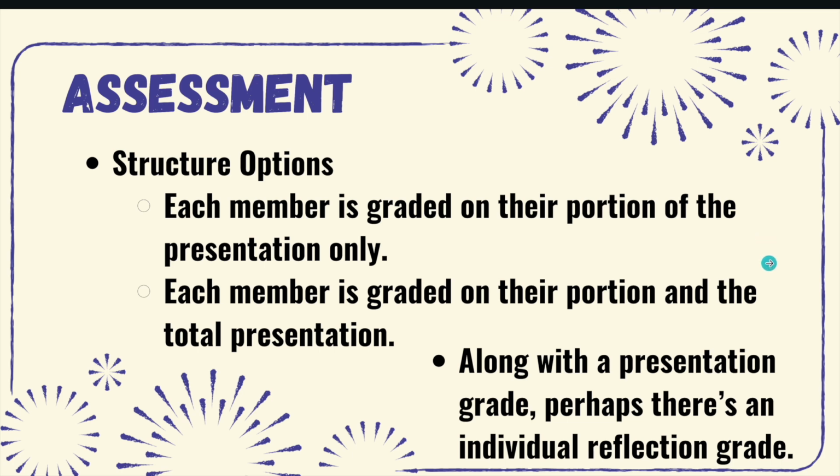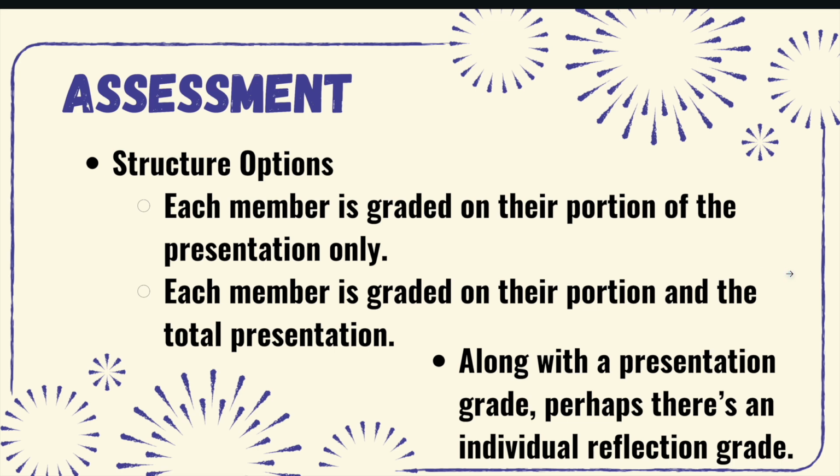Or you might do that each member is graded on their portion as well as a total presentation, because it is important to collaborate in a group project. So it might be that 30% of their grade comes from the presentation as a whole, how did it go as a whole, and then 70% comes from their individual piece, or vice versa, depending on what matters most when you're assessing. And then along with the presentation grade, perhaps there's an individual reflection grade.